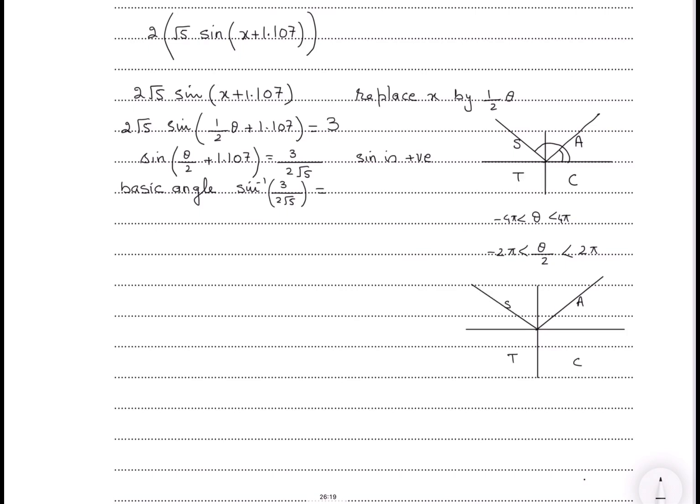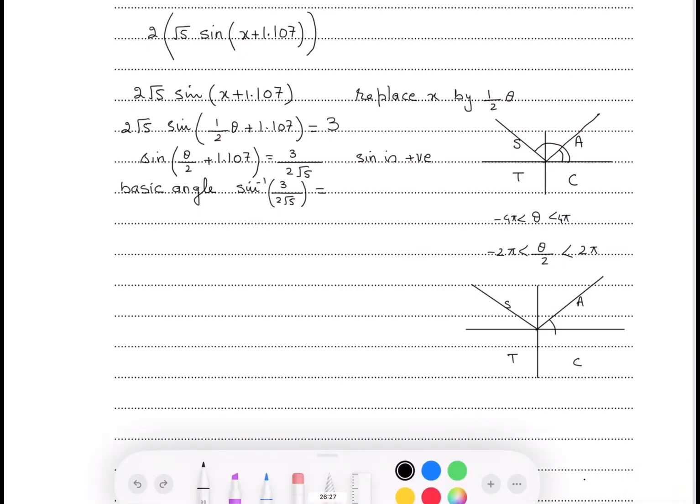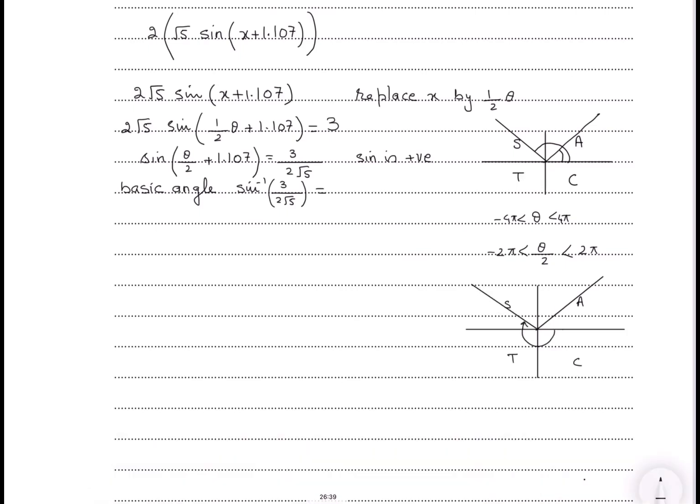So here our quadrants are, from the negative side we have to check these angles. So our basic angle is 0.73. So solve it with the theta by 2 plus 1.107.